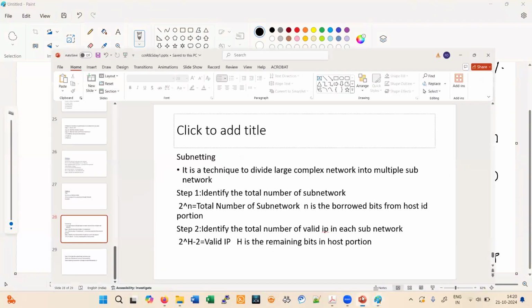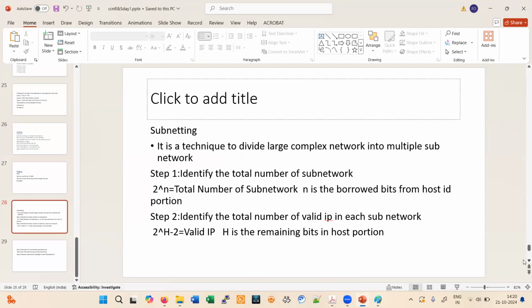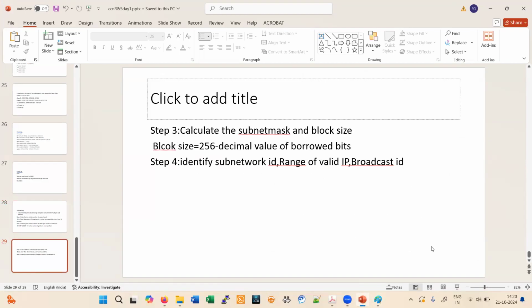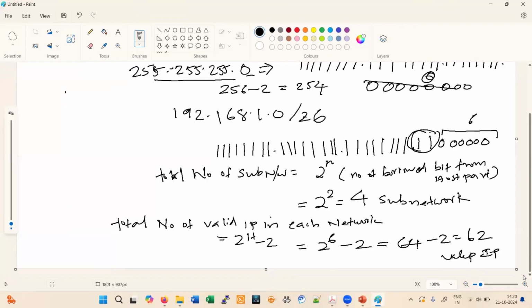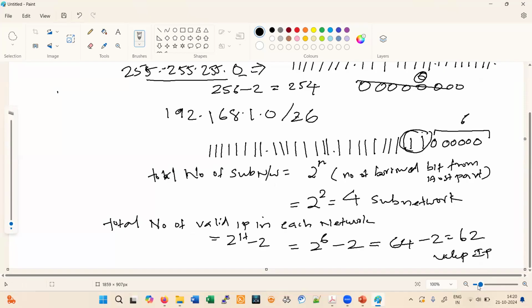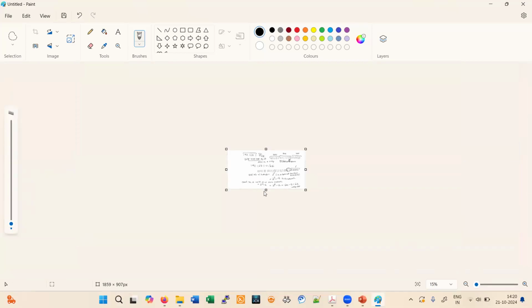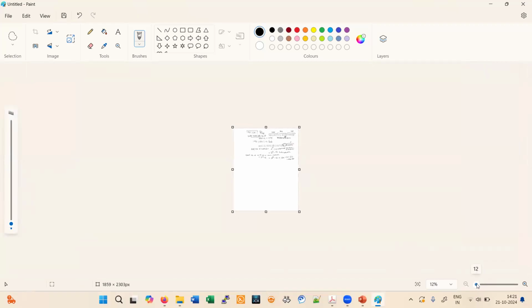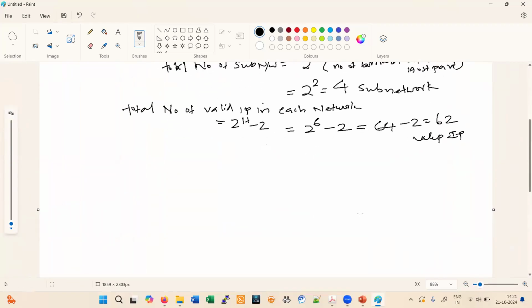So the next step is to calculate the subnet mask and block size.